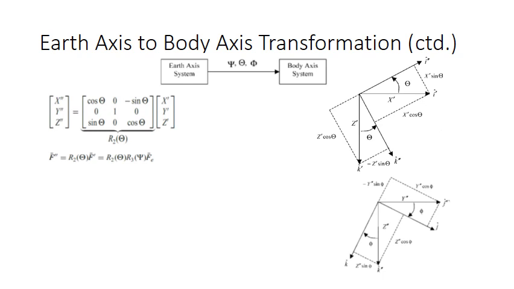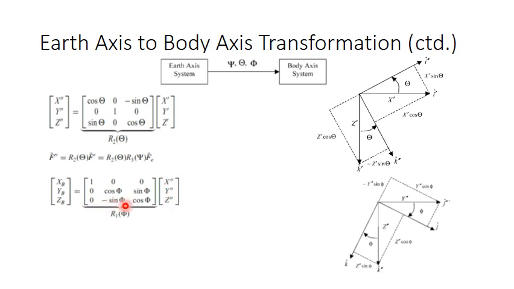I and j and k, this is j and this is k, and i is inside the screen, will be the body axis system. So the transformation matrix will be, this is the second intermediate coordinates of the f vector, x double dash, y double dash, z double dash.